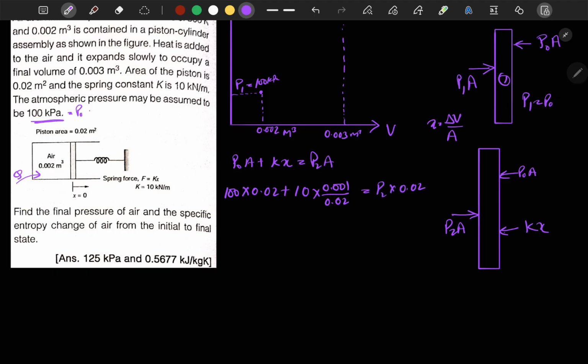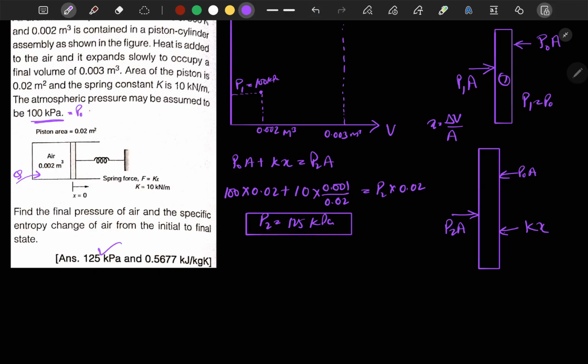If we solve the equation, we get P2 is equal to 125 kilopascal, which is the first part asked here. And the answer came out to be correct.